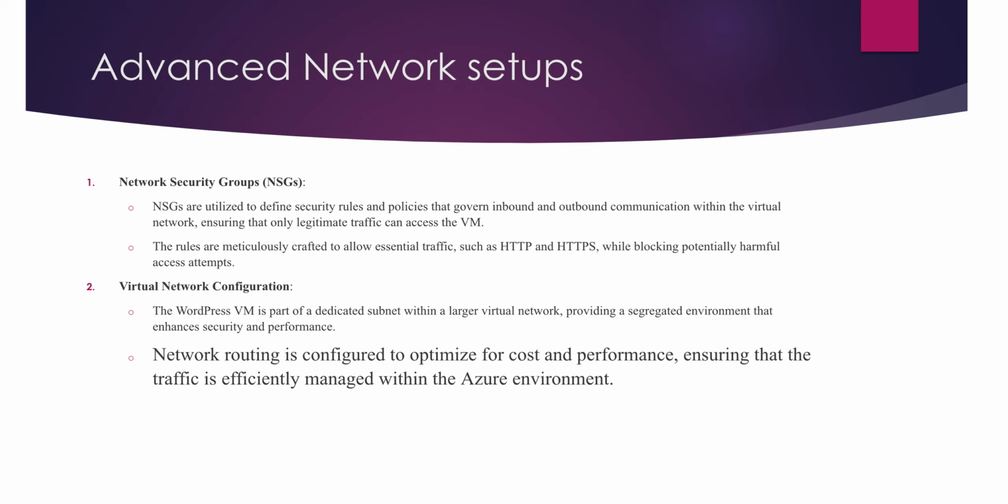After that, we have virtual network configuration. Why do we use it? Because, as I mentioned earlier, the WordPress VM is part of a dedicated subnet within a large virtual network.